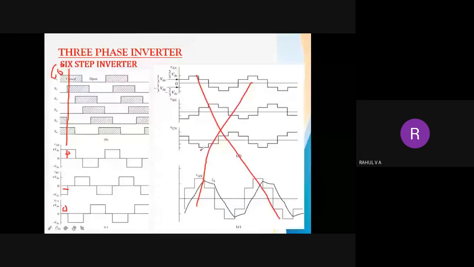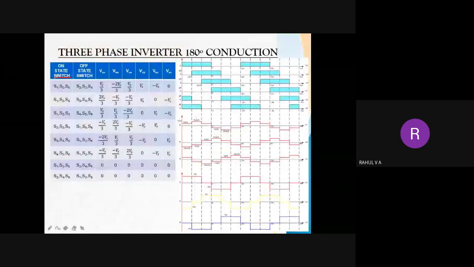Now we will go for one more waveform. In the first switching state, S1, S5, S6 are turned on, and at the same time S2, S3, S4 are turned off. Voltage between each phase: VAB is Vs, VBC is minus Vs, VCA is 0.